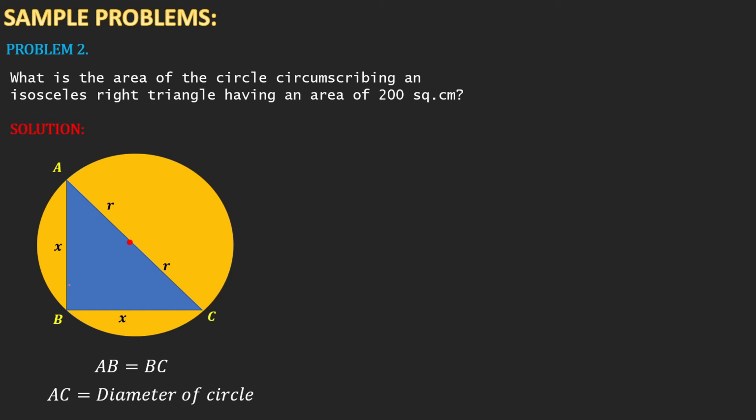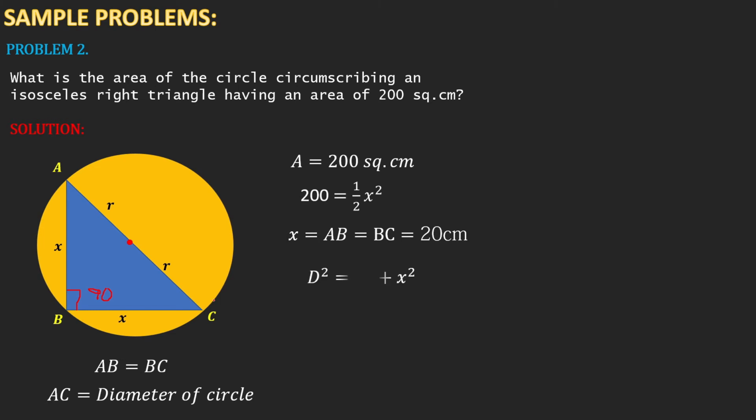Once kasi na meron tayong right triangle na naka-inscribe sa isang circle, automatic, yung angle na yan is 90 degrees. Then, yung longest side is the diameter. Pwede natin makompute yung X. X is 20 cm. After natin makompute si X, pwede natin makompute si diameter using Pythagorean theorem.